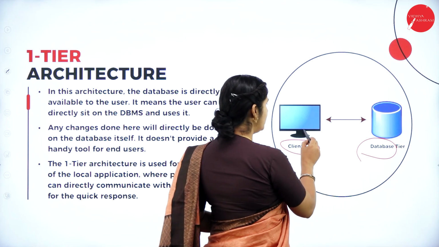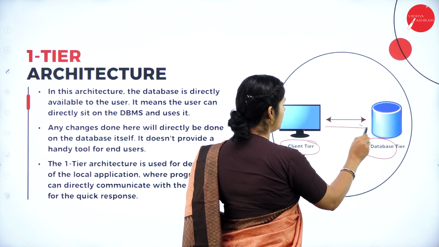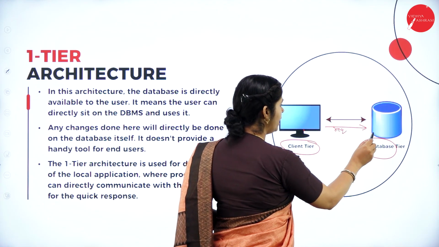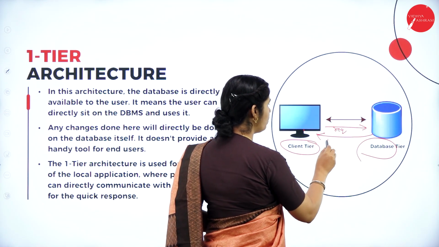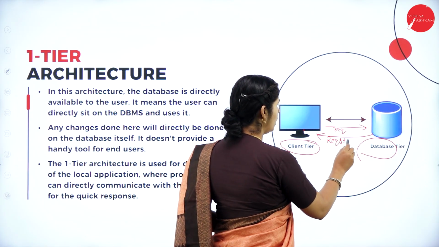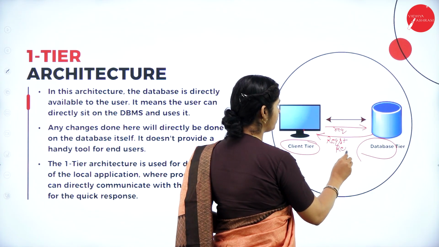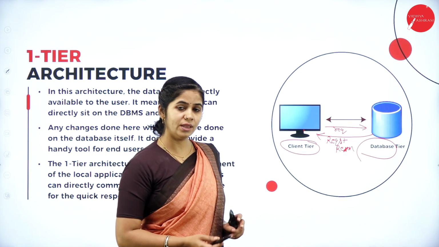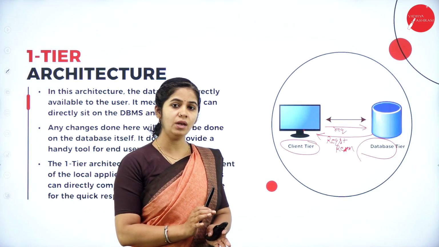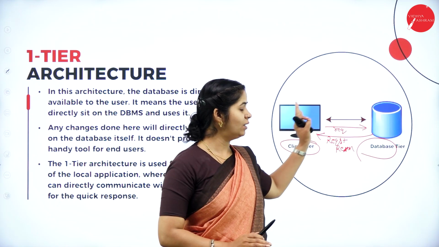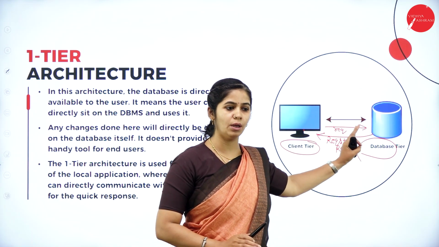The client is directly communicating, sending the request to the database, and the database is giving the response directly to the client. Request, response. There is no intermediation between the client and the database. Whenever we are accessing, it works directly with the database.